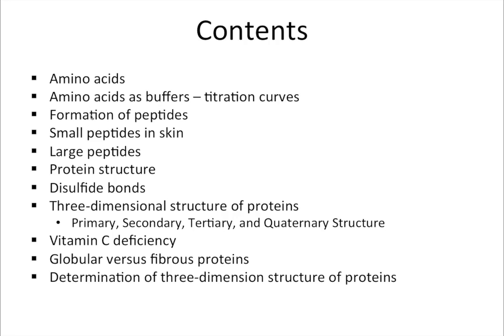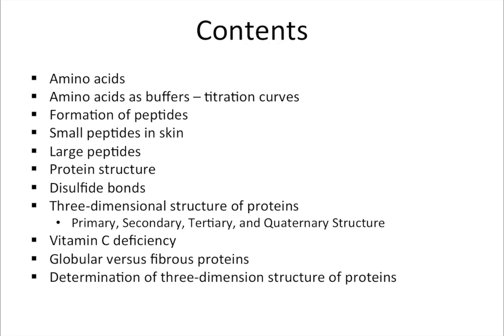We'll also discuss how peptides are formed. So we'll basically show you how two amino acids come together to form a peptide. And then we'll briefly mention some small peptides in skin, and then look at large peptides. And large peptides are actually proteins.